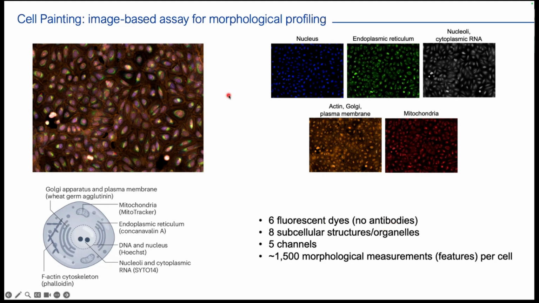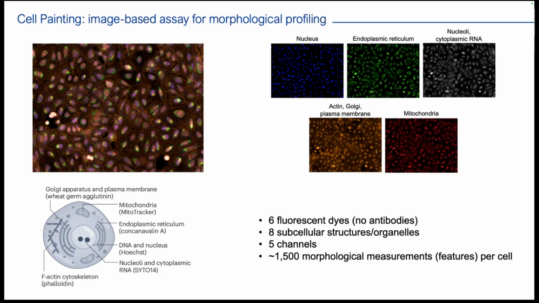So we stain the cells with these 6 dyes, we image them in these 5 wavelengths, we extract as many features as we can. We're talking about 1,000 independent morphological measurements per cell. Then we aggregate these to create those signatures that I was referring to in the previous slide. So this is now a very much streamlined and standardized assay for doing this kind of cell profiling.